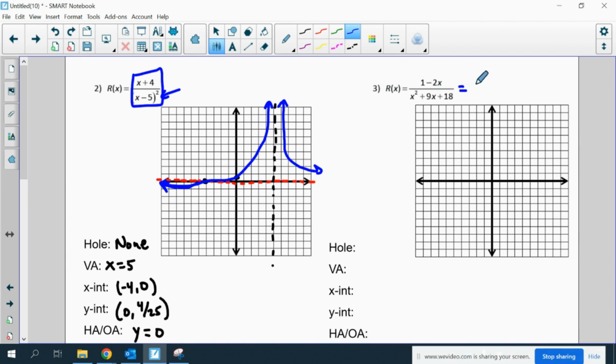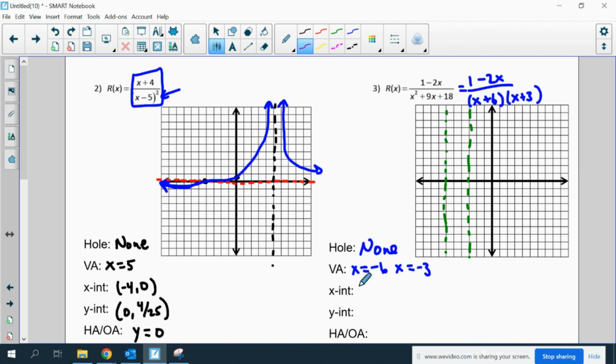Problem 3, I'm going to factor. So if I factor the bottom, I get x plus 6 and x plus 3. There is no hole. Vertical asymptotes, there's 2 of them, at x equals -6 and x equals -3. There is an x-intercept where the numerator is equal to 0.